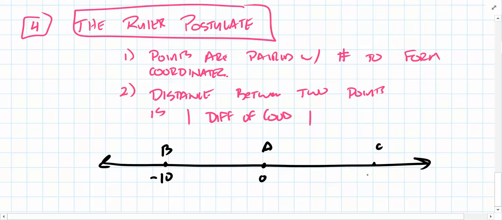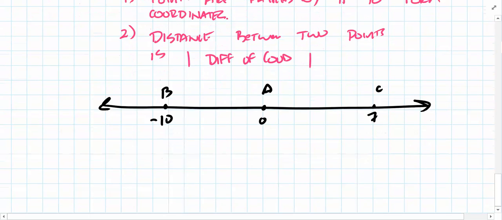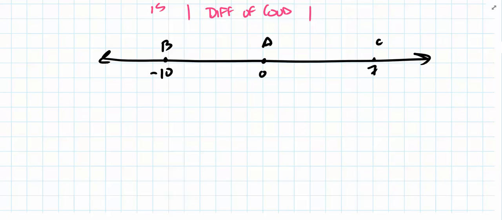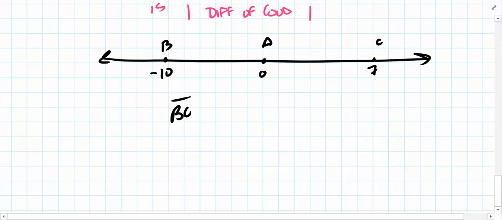According to the ruler postulate, what would then be the length of BC? It would be the absolute value of the difference of the coordinates, so the absolute value of -10 minus 7. This part means the difference, and then their coordinates, -10 and 7. So that's the absolute value of -17, which of course is 17 units.